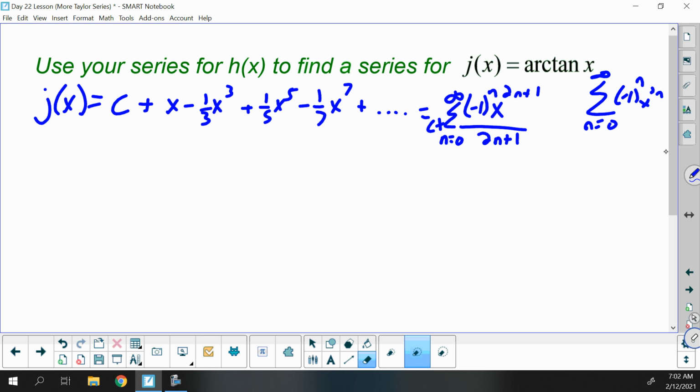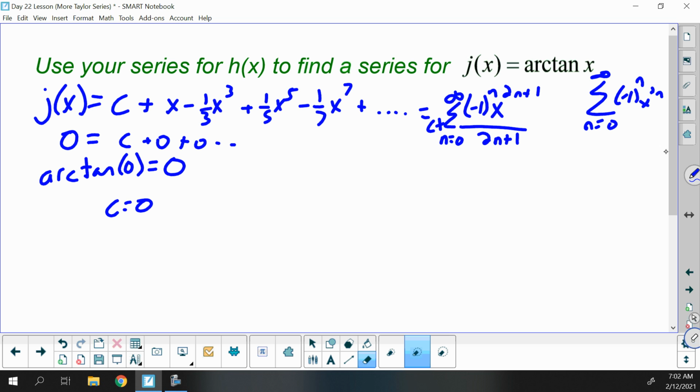In this case, we do know some values of arctan. One thing we know is that arctan of 0 is equal to 0. So in this series, when we put in 0 for all the x's, we should get back 0. So that tells us that c should be 0. So in this one, we actually can resolve the c.